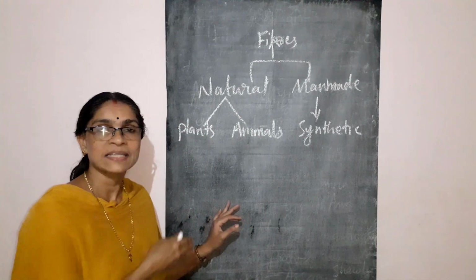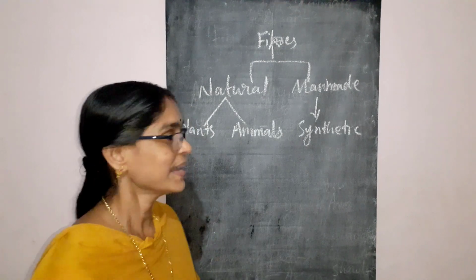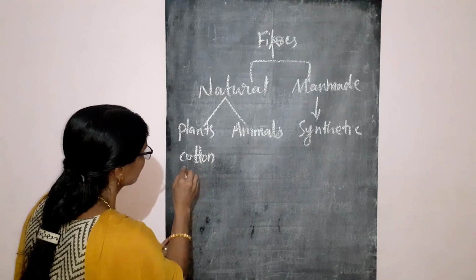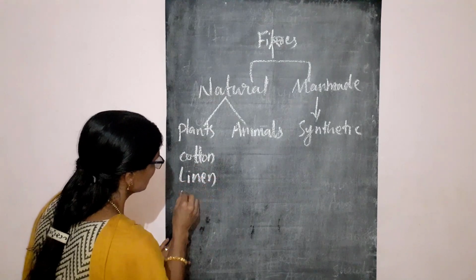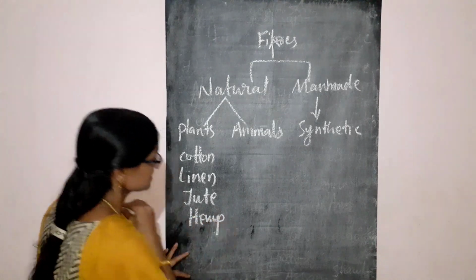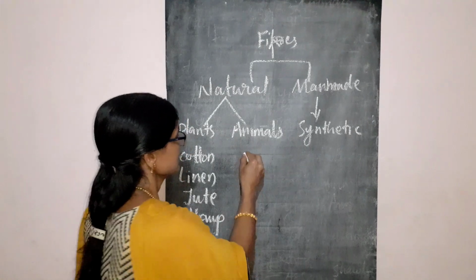Then can you say some examples of plant fibers? Okay, cotton, linen, jute, hemp, etc. Then which are animal fibers?